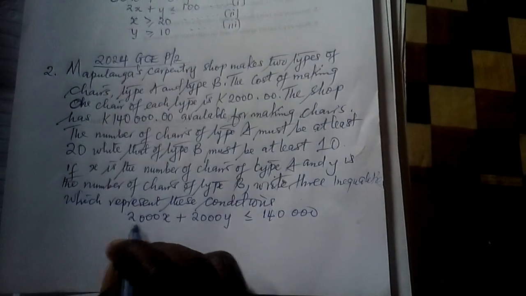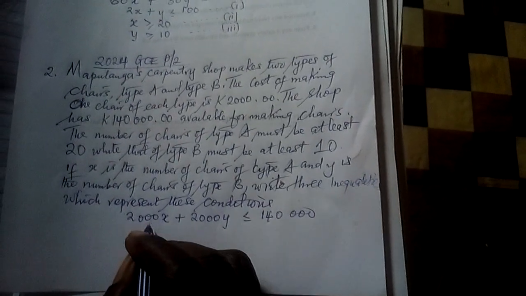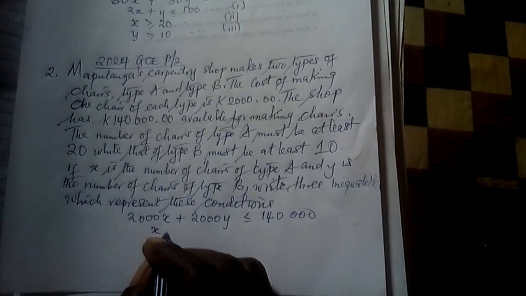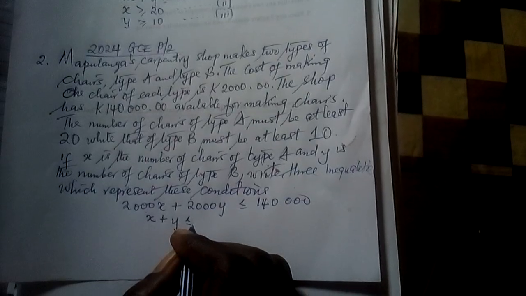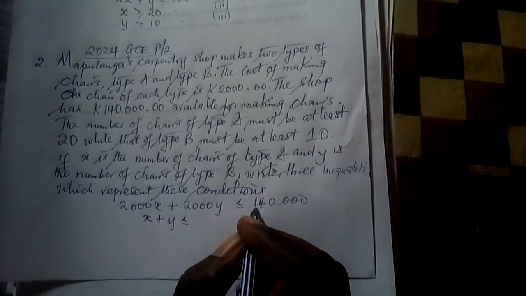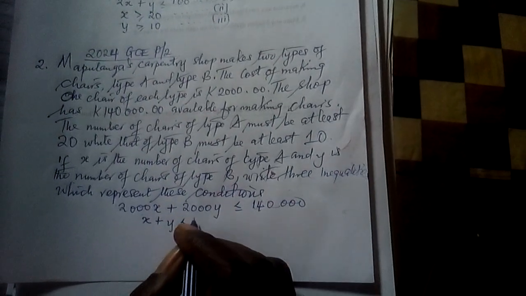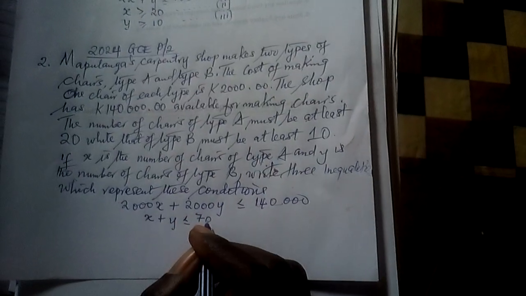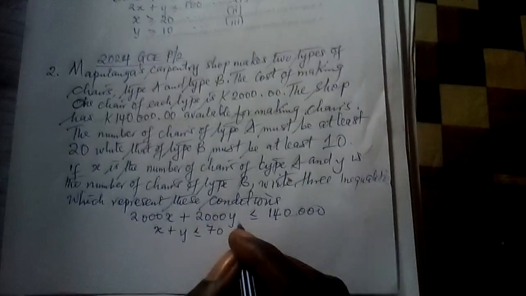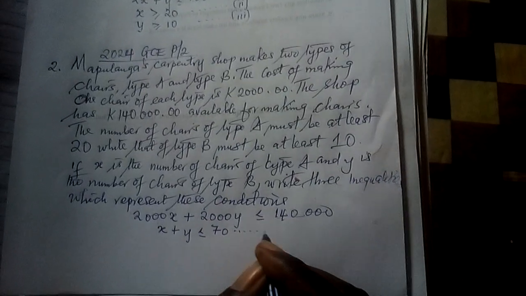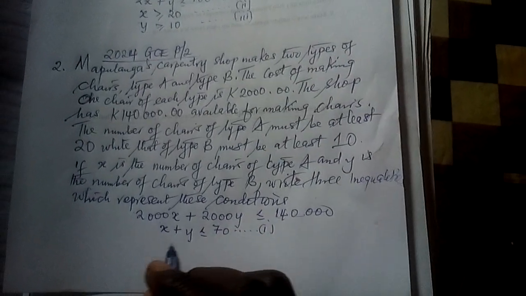Reducing this by dividing both sides by 2,000, X plus Y has to be less than or equal to 70, since 2 in 14 goes in 7 times. So this becomes your inequality number 1.